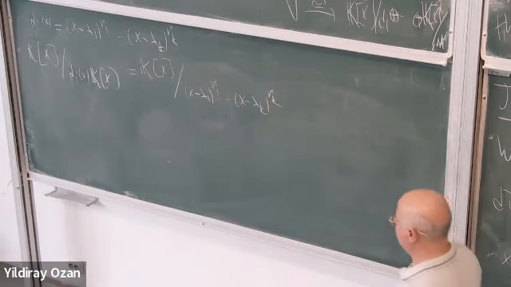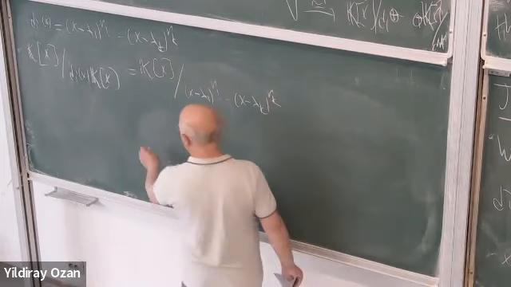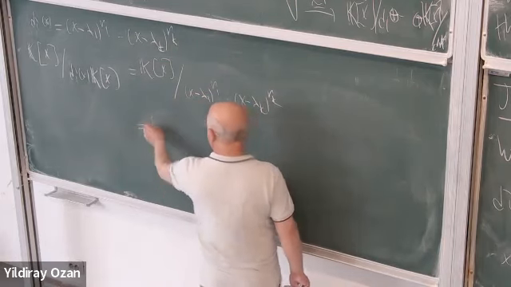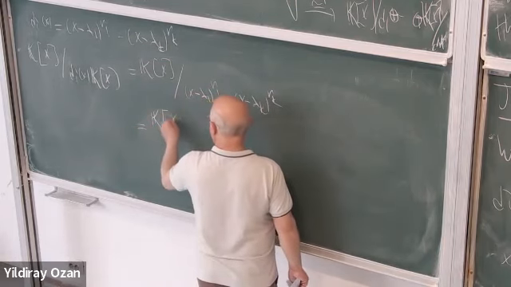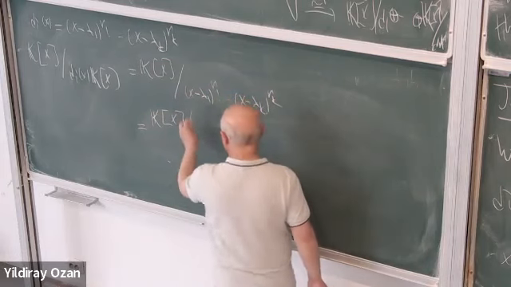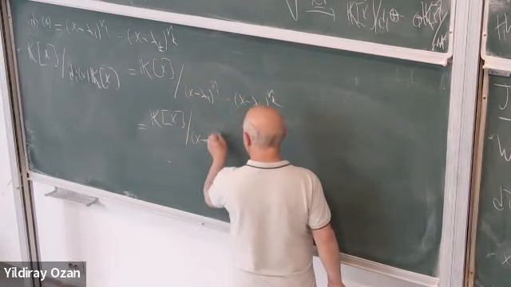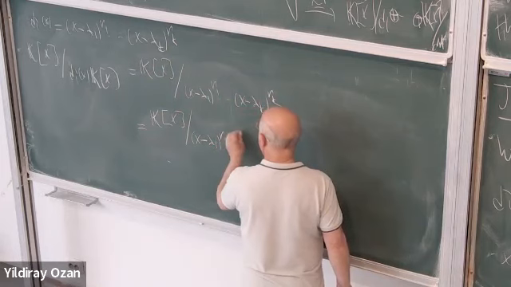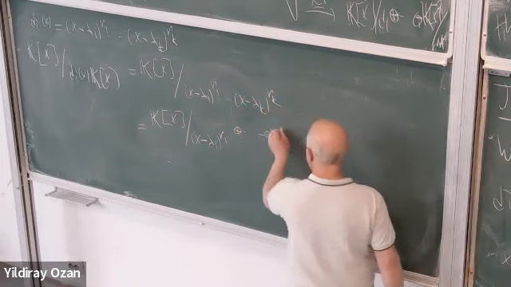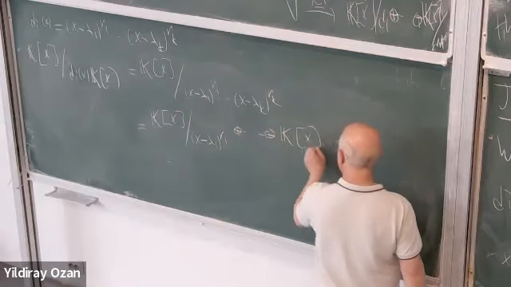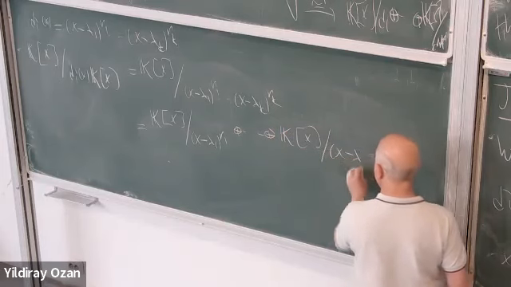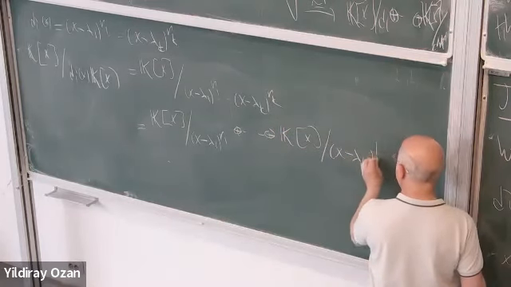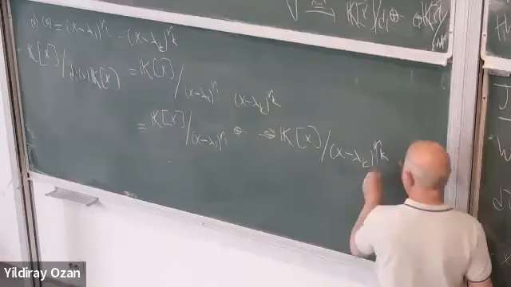This gadget decomposes as follows: K[x] divided by x minus lambda 1 to the r1, direct sum, through the r2 term.